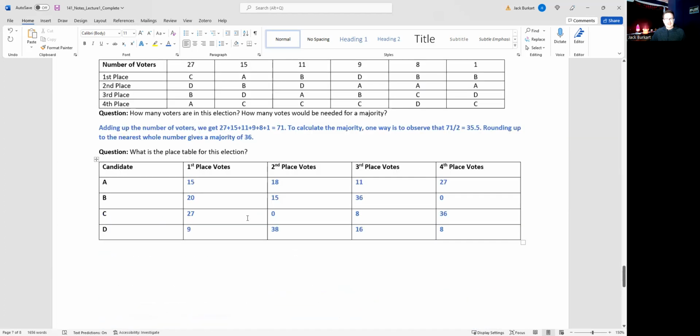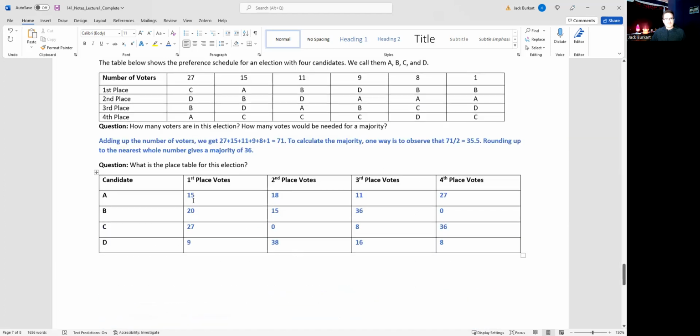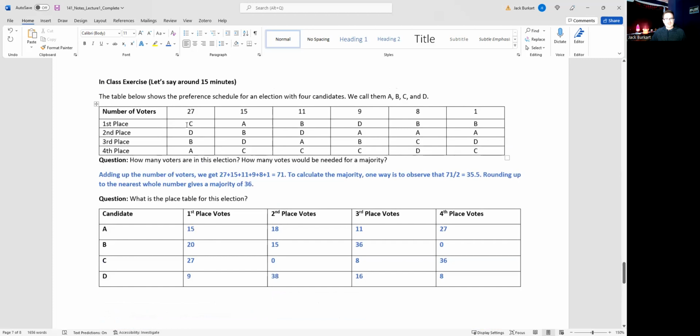We can see this in the preference schedule right here. So if we go up to the preference schedule, we see 27 people, so not a majority, but a large amount of people preferred candidate C. But if we look at all of the other voters, a majority of them, in fact, had C as 4th place. 8 people had C as 3rd place, but that's the nicest thing that the non-C in 1st place people had.